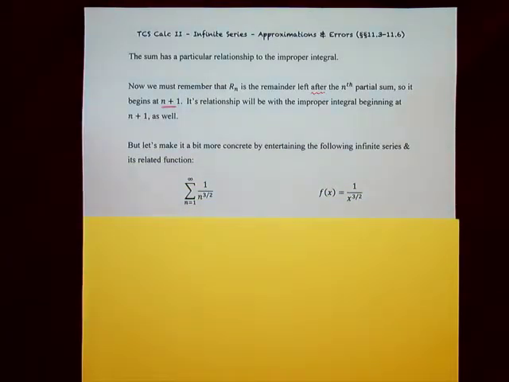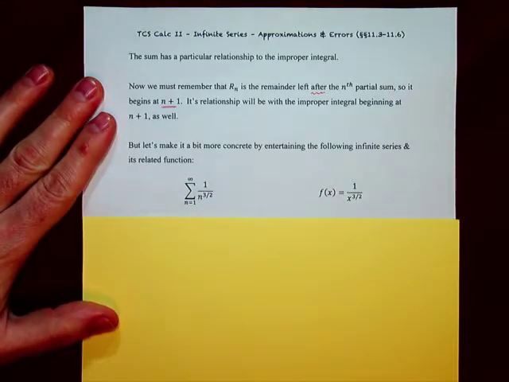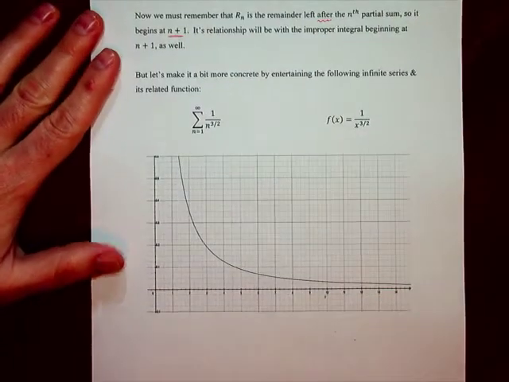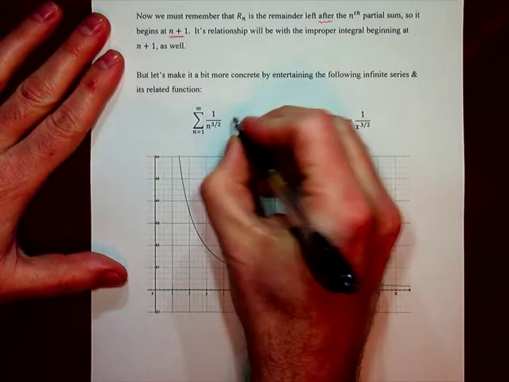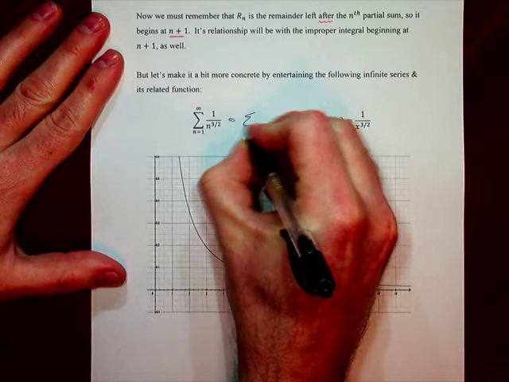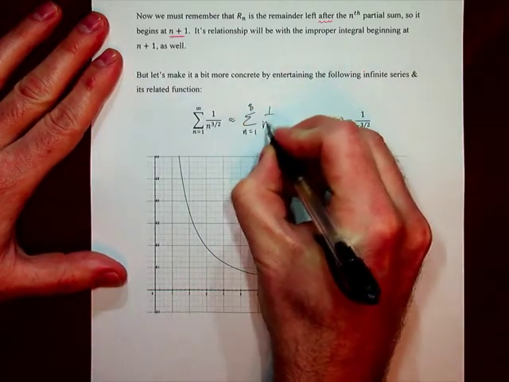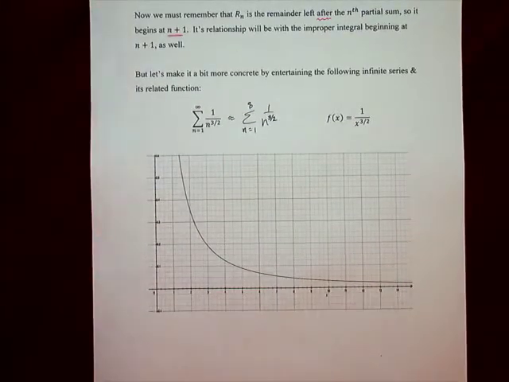Let's say, just for giggles, that I was looking for S sub 8. I realize that what I need is the 8th partial sum, and let's figure out from the 8th partial sum what my remainder should be. I'm not going to get it exactly, but I'm going to get it in the neighborhood.